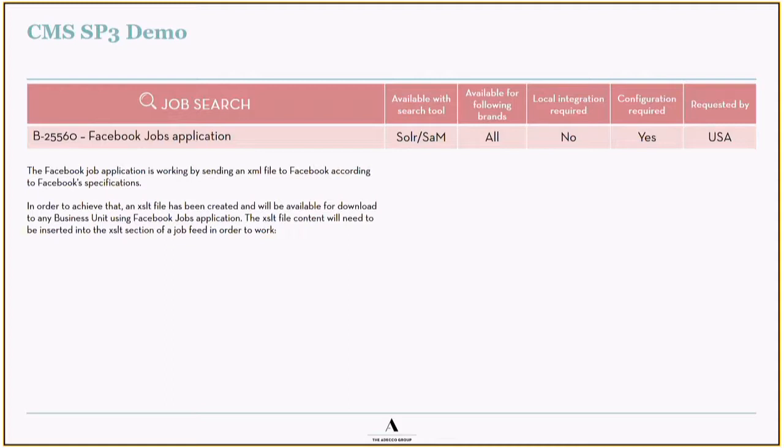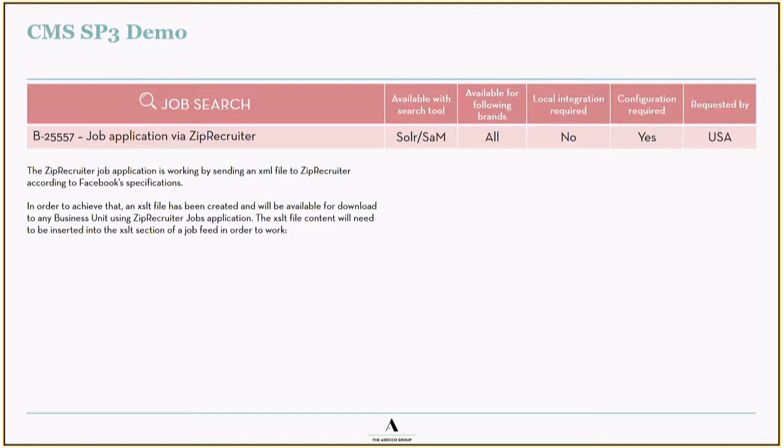All right. Next user story. I don't know what you think, but maybe we can do this one and ZipRecruiter more or less at the same time, because they are the next user stories. Basically, these are two user stories requested by USA to be able to interact with both Facebook and ZipRecruiter.